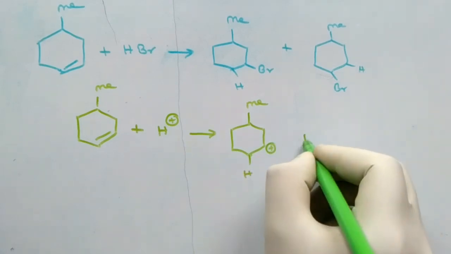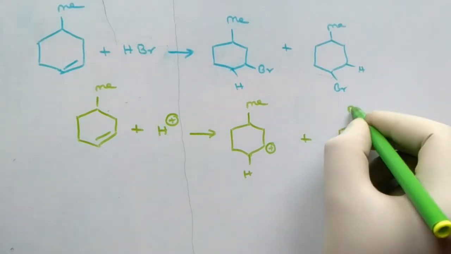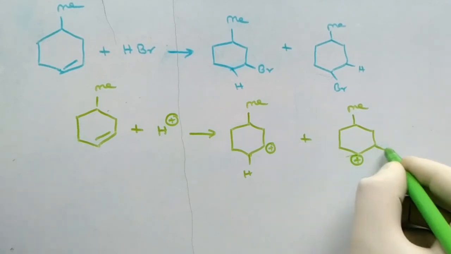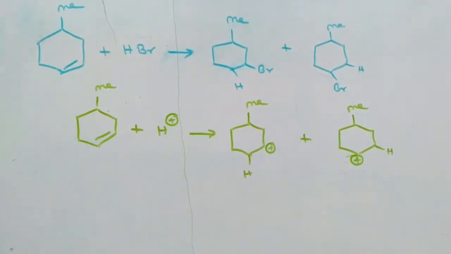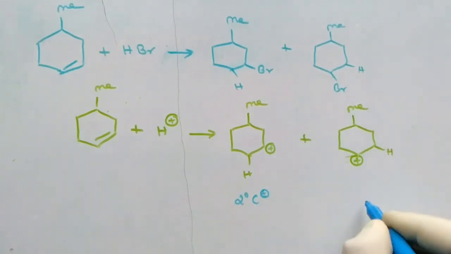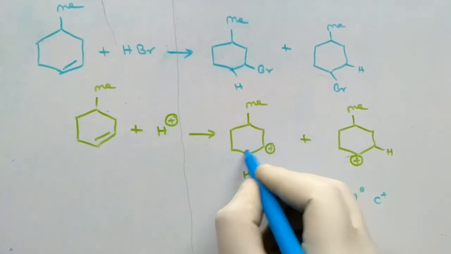If hydrogen is attached there, then we will get a carbocation like this. If the hydrogen is attached here, then we will get a carbocation like this. Now we got a secondary carbocation here. Here also we got a secondary carbocation. Now both are secondary carbocations.